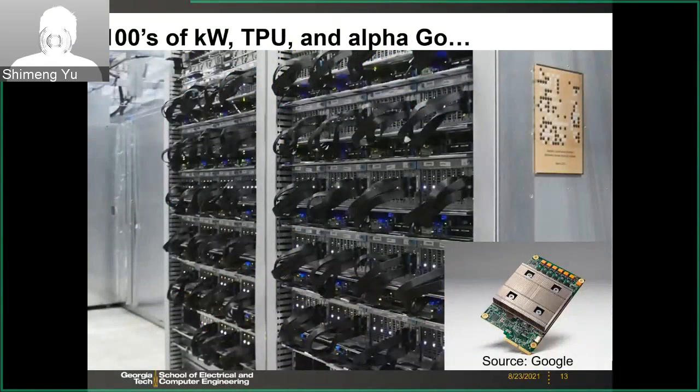So here, to meet the demand of those requirements, companies are trying to specialize the hardware to do those training or inferencing workloads. Here is an example from Google, the Tensor Processing Unit, TPU, and we'll briefly talk about that at the end of the semester.